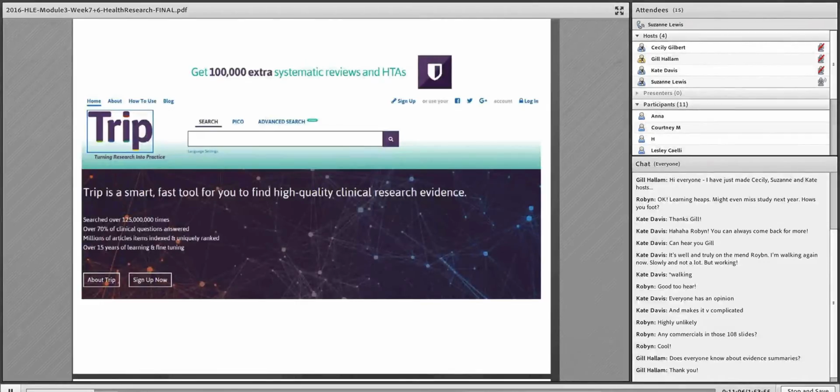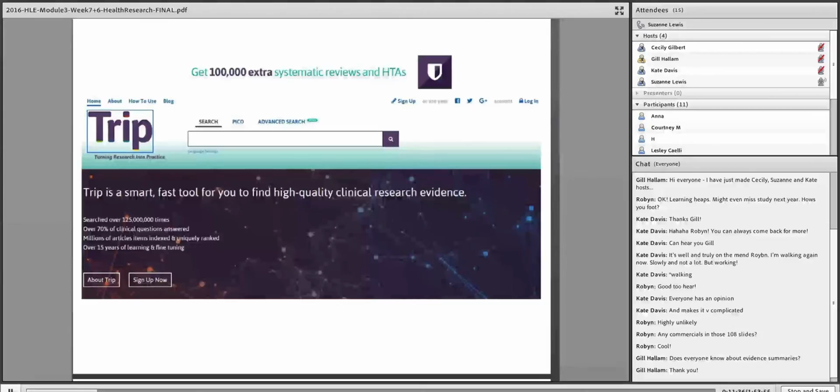So this is the TRIP homepage, and as you can see, there's a search box and there's several search options. It always defaults to the basic search, but there is an advanced search and there's also a PICO search option. And you'll remember from last week we looked at the acronym PICO, Population Intervention Comparison Outcome.